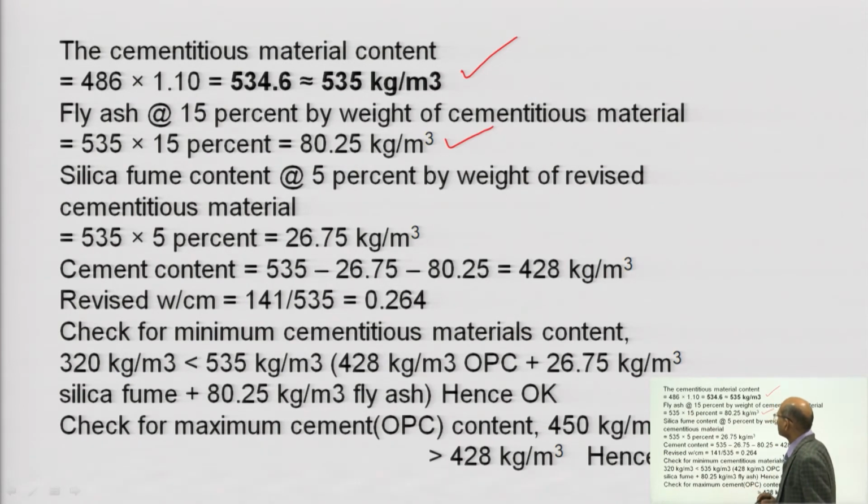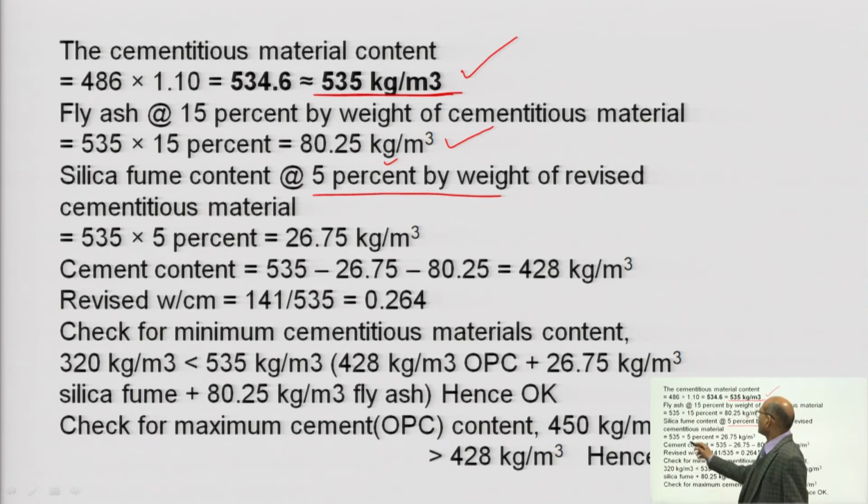So, 535 is our cementitious material, and 15% of that is the weight of fly ash. Silica fume, let us say 5% by weight of revised cementitious material. So, 535 into 5%, we got 26.75 kg per meter cube.